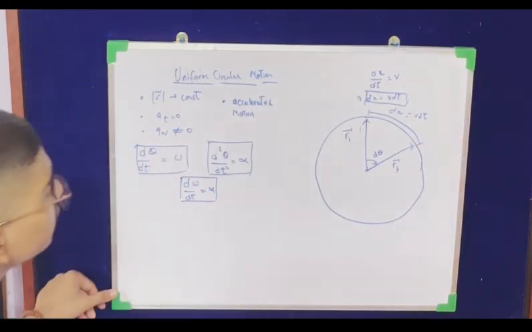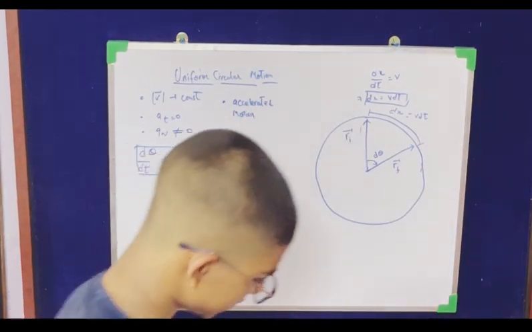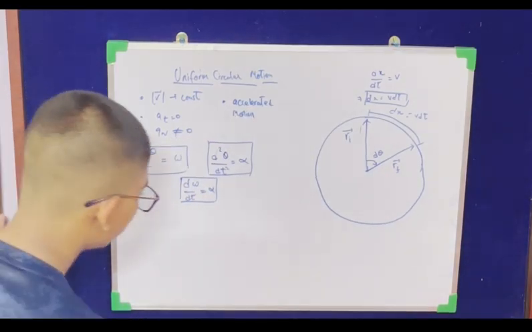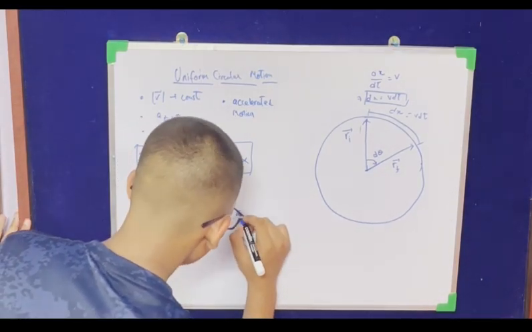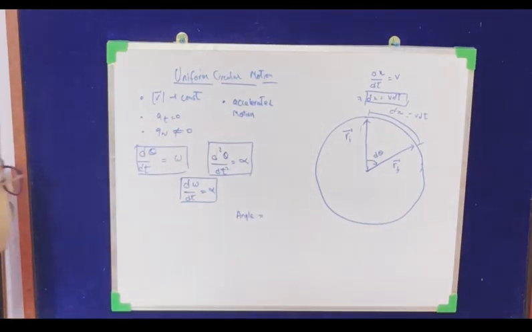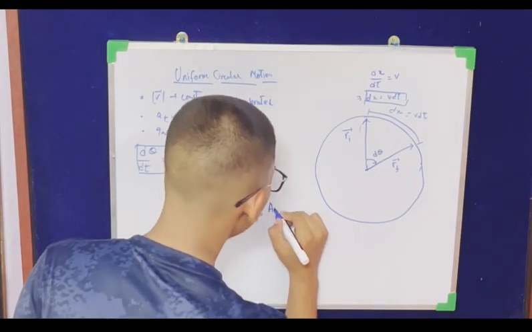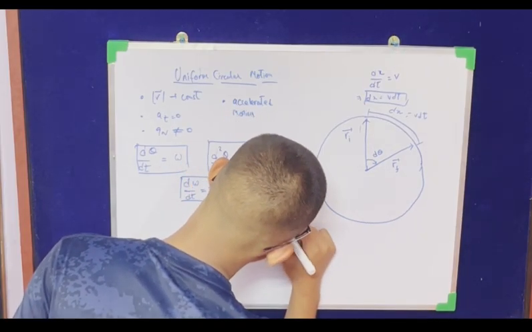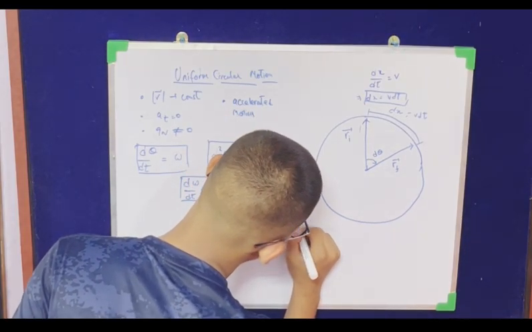Now we have studied a formula in junior classes like 9th, 10th. So what is that formula? If we want to find the angle, it is equal to the arc length divided by the radius.